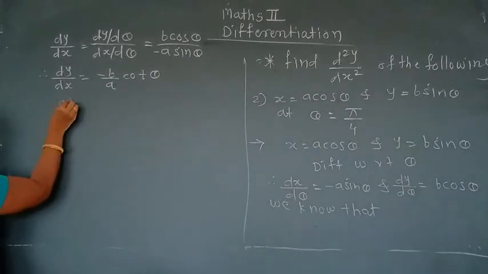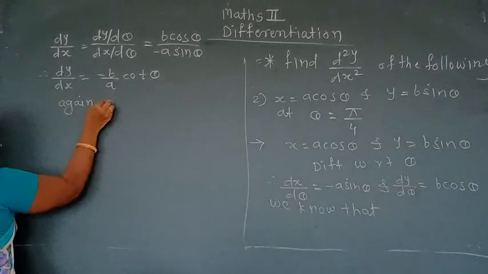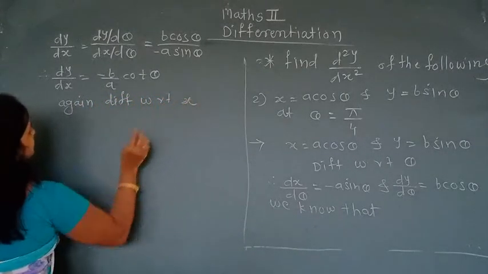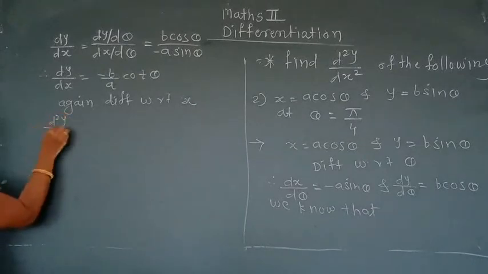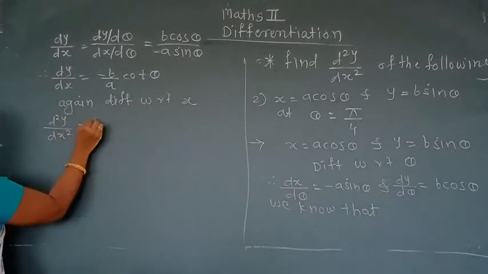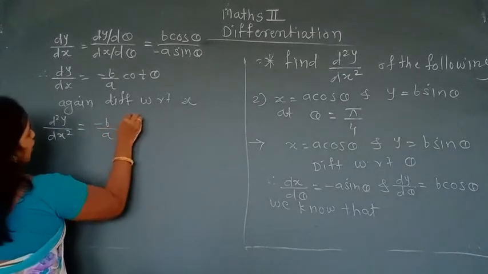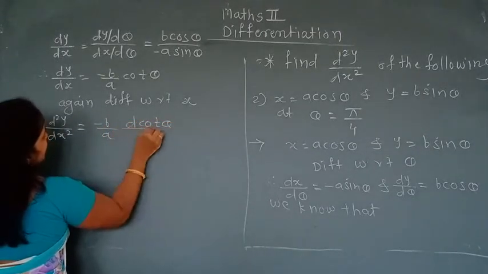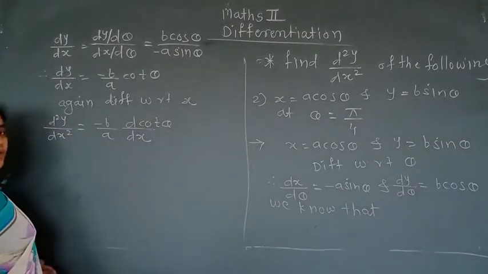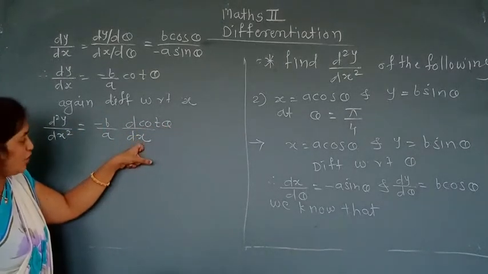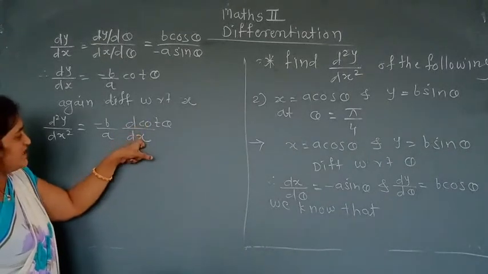So again differentiate with respect to x. So the double derivative of y with respect to x square is equal to minus b upon a, which is a constant, times the derivative of cot theta with respect to x. Now here the variable is theta and I want the derivative with respect to x.